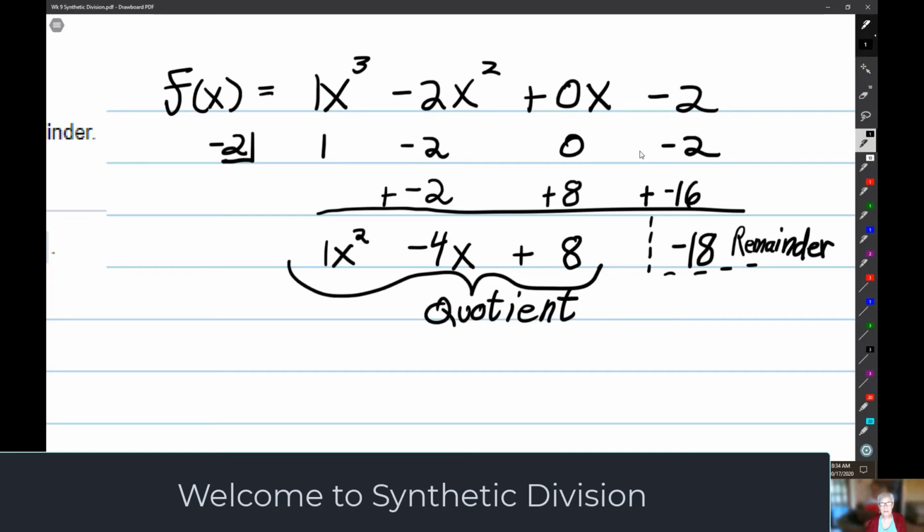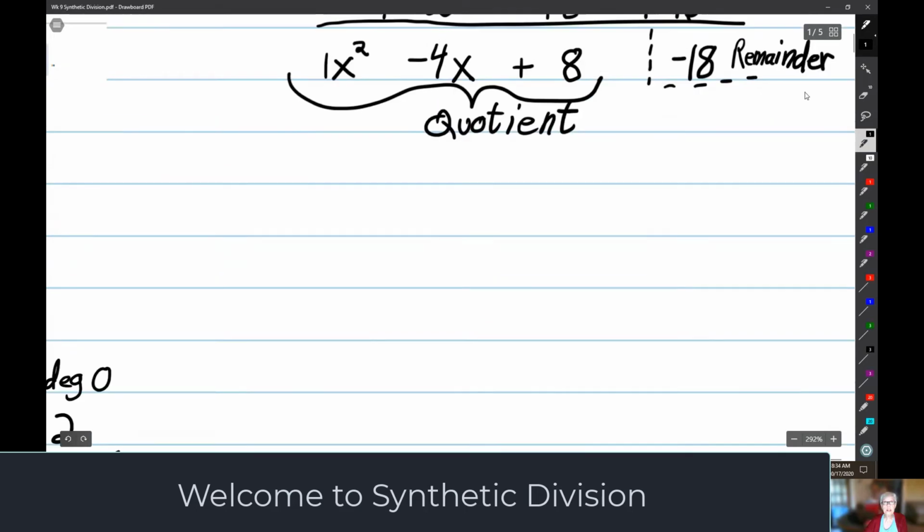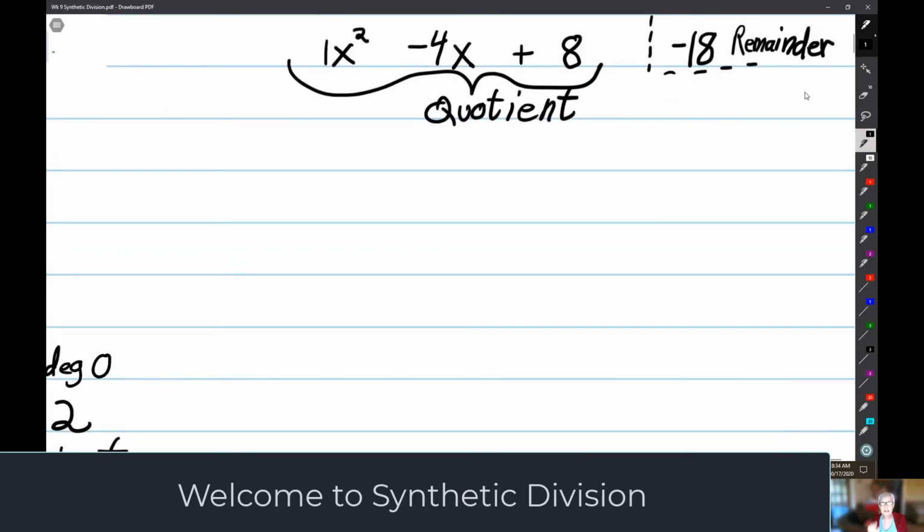This is another use of synthetic division. Another use of synthetic division is a shortcut to long polynomial division.